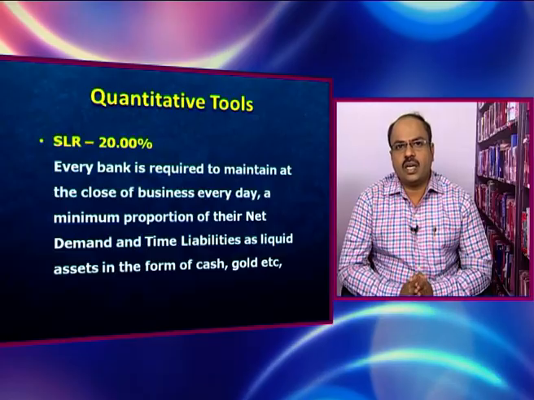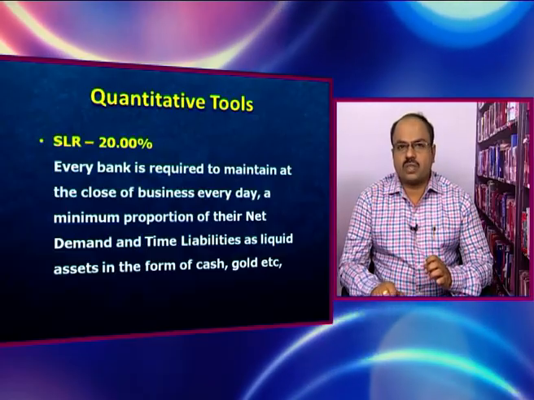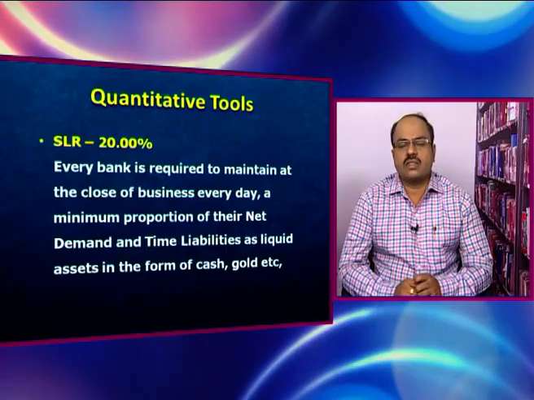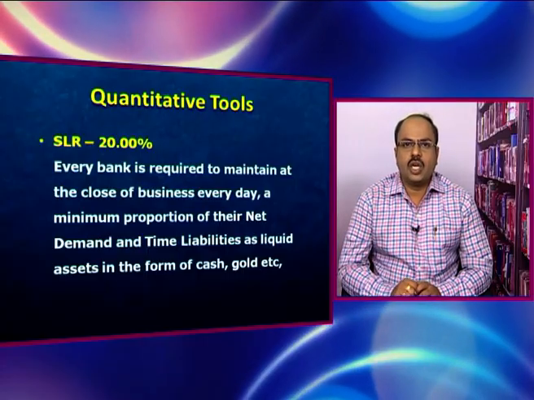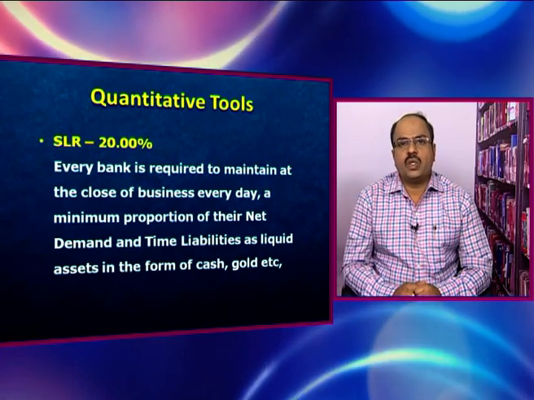Of every 100, CRR is fixed at 6.25% and SLR is fixed at 20%, so 6.25% plus 20% is 26.25%. This 26.25% will be kept aside. Once the banks get money, this money will be kept aside as reserve money, which is used during crisis. If the banks are in crisis, then it can be used: cash or gold or government securities.